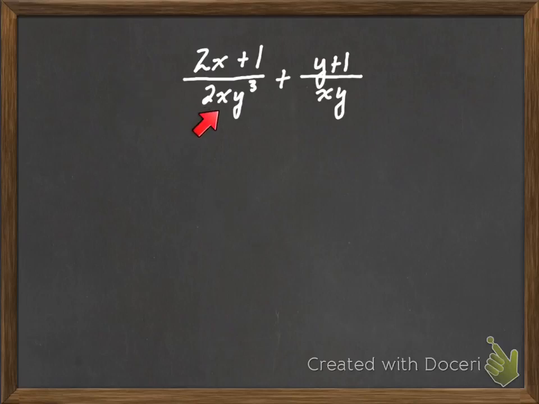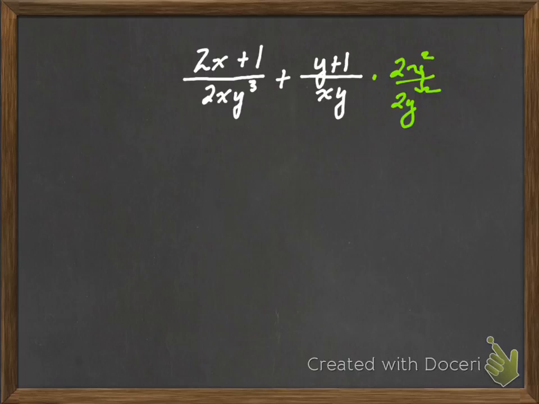So then we look at it the other way around. Does this denominator have something that this one does not? Well, we need a 2 over here, and we need a couple more y's on this denominator. So therefore, we are going to be multiplying by 2y squared.